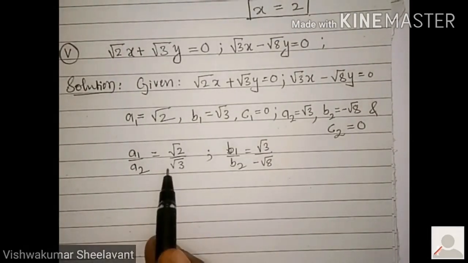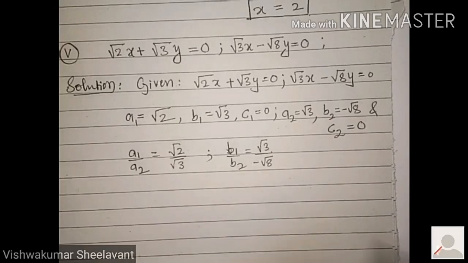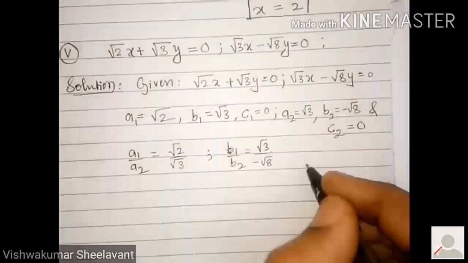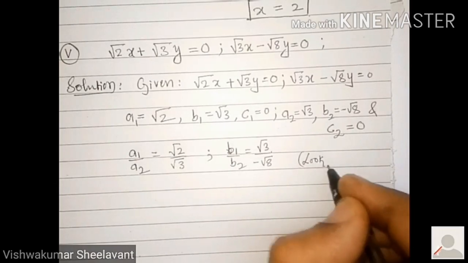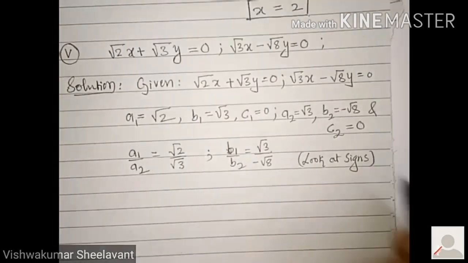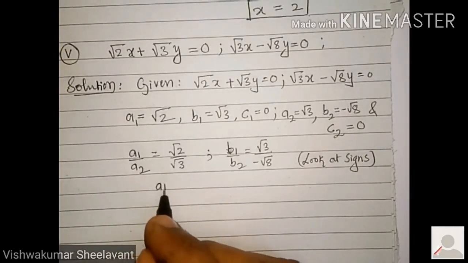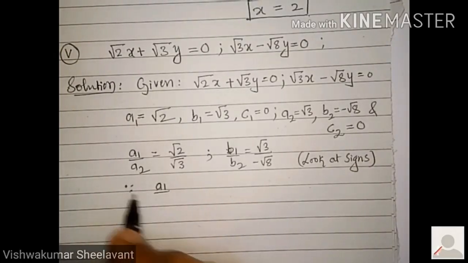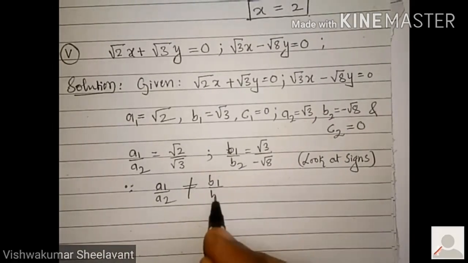You need not simplify these. Looking at the sign only, you can say they are unequal. So you can have one simple note: look at signs. Why should you calculate and waste your time? A1 by A2 not equal to B1 by B2.